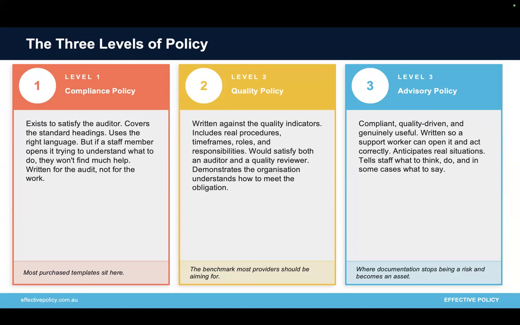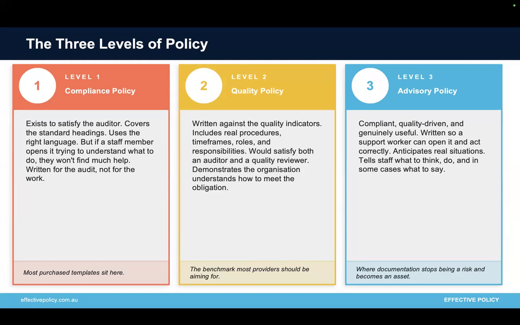And you should have a really good list of procedures, but perhaps you might have real-life examples as well, because people learn by example and story. So it anticipates real situations. It'll tell staff what they should be thinking and doing in some cases where they're stuck.